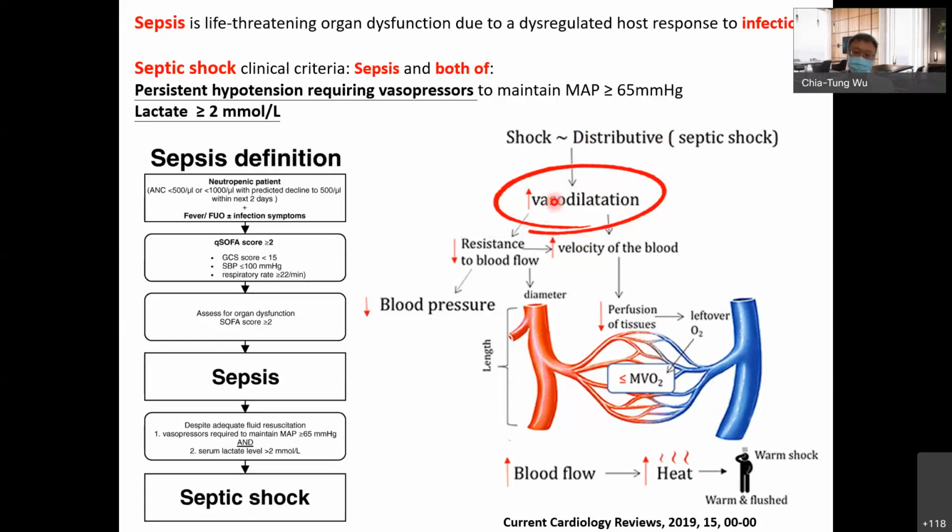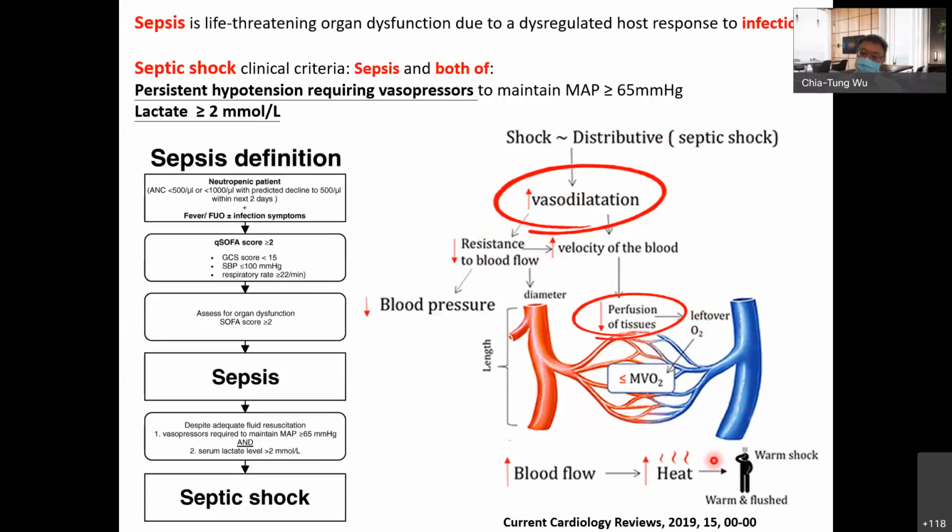And if you redirect this blood flow to our skin and our muscles, the perfusion of our vital organs decreases. The perfusion to our brain, to our kidney, to our GI tract decreases. So the perfusion pressure decreases because of redistribution of the blood volume, because of systemic vasodilatation.